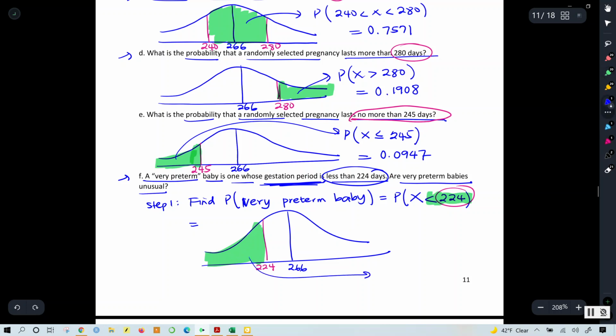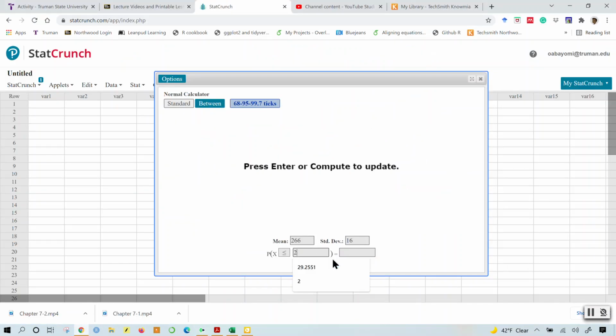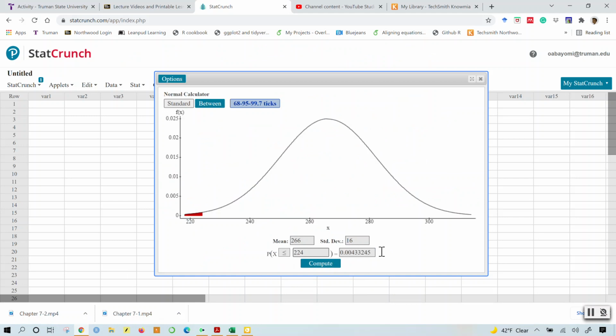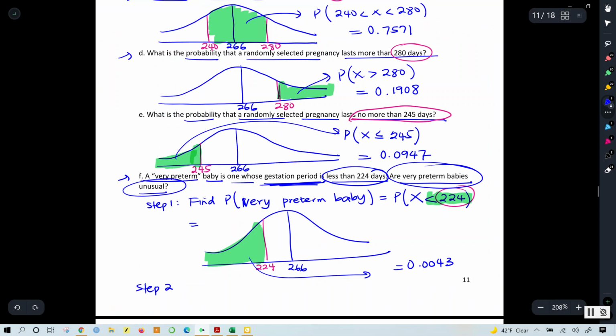So this will be equal to, going back to StatCrunch, 224. This is equal to 0.0043.